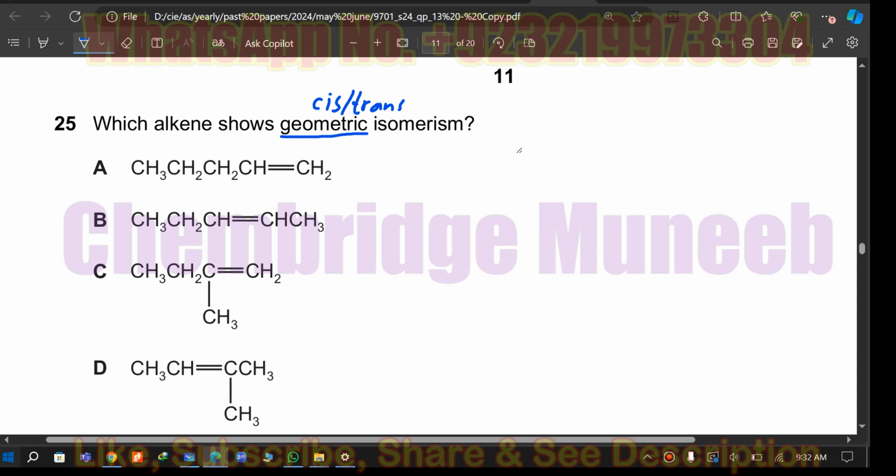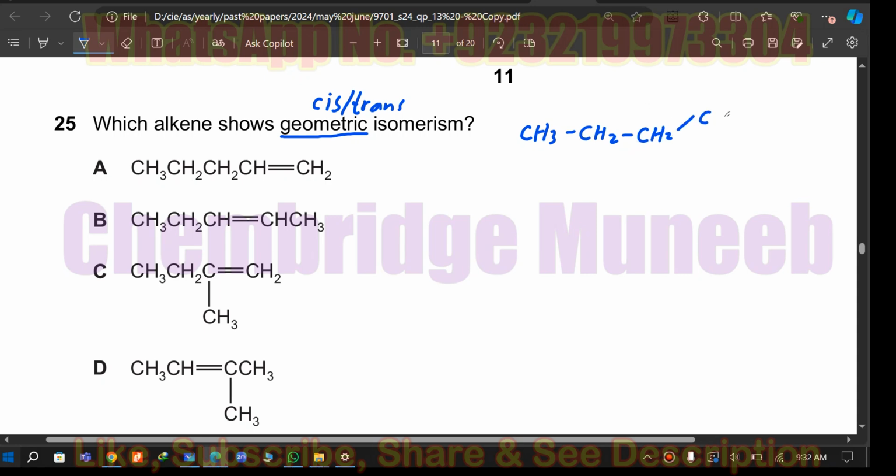So I'm going to draw the structure of the molecule A here. The molecule A, if it is written in terms of cis trans, CH3, CH2, and then this CH2 is further CH2.